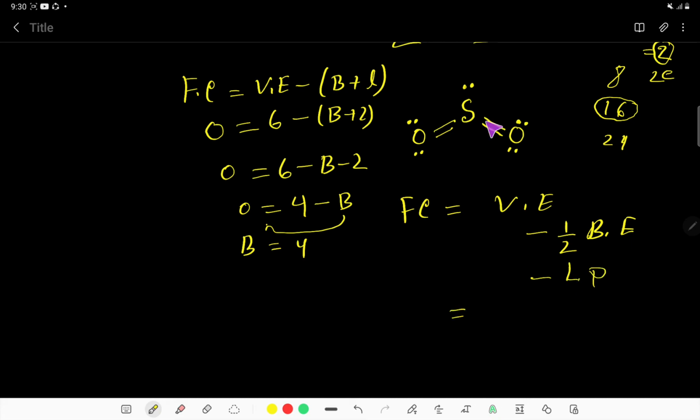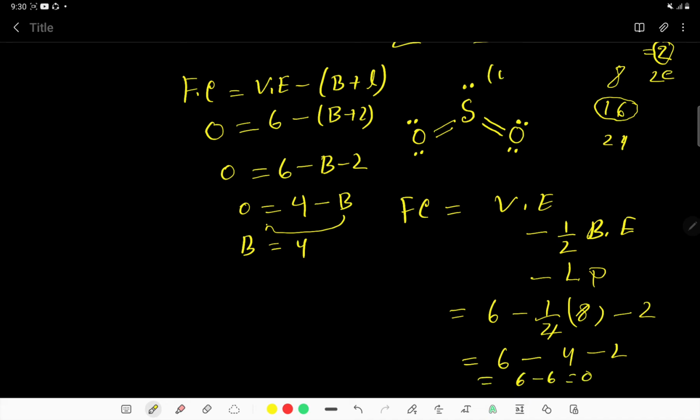So for sulfur, the valence electron is 6 minus half of bonding electrons. Here bonding electrons 2, 4, 6, 8, minus lone pair, here 2. So 6 minus 4 minus 2, that is 6 minus 6 equals 0. The formal charge for this sulfur is 0.